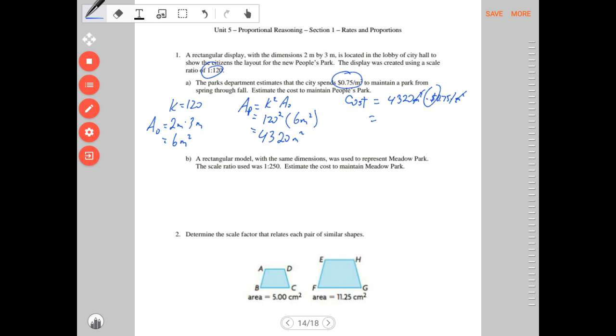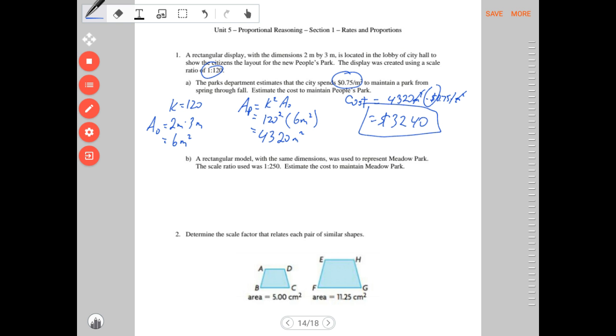So that's kind of handy. When we multiply these, we get $3,240. That's how much it costs the city to maintain the park, cut the grass, trim the trees, that sort of thing, between spring and fall.